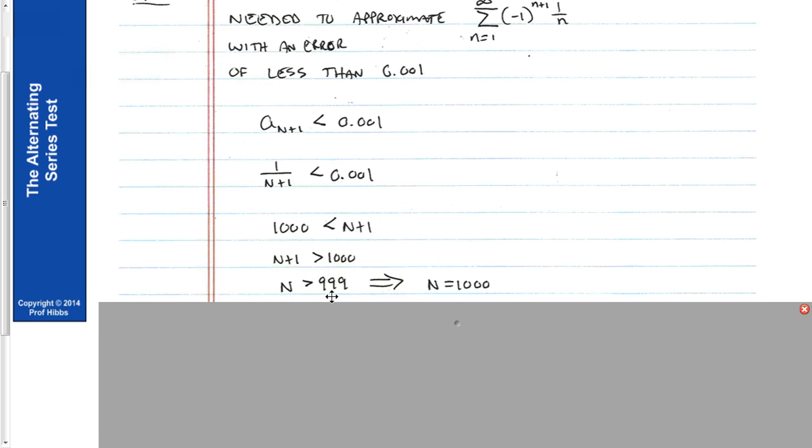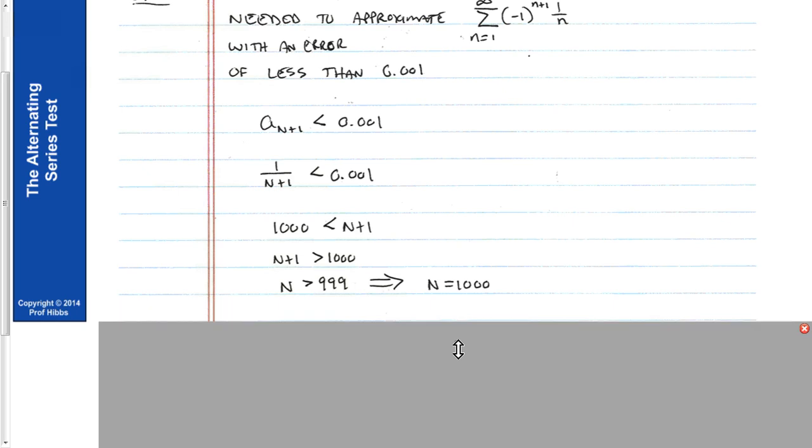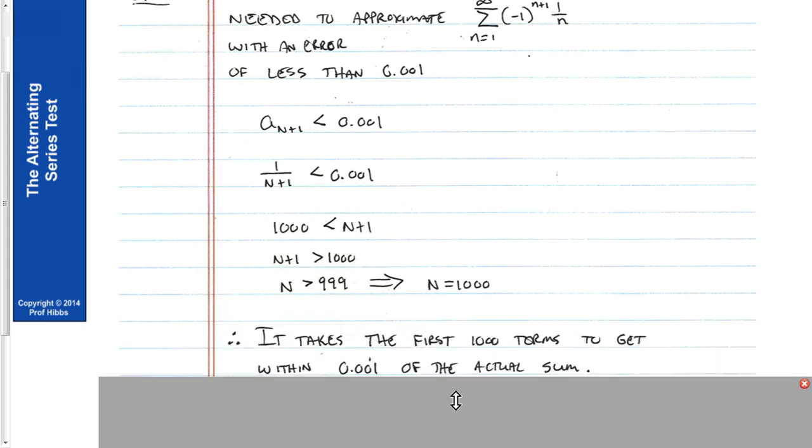Now remember, capital N is an integer, and so if we have an integer that's greater than 999, the smallest integer it can be is 1000. So we need to add up 1000 terms to be within an error of 1/1000th of the actual sum. That's what that says.